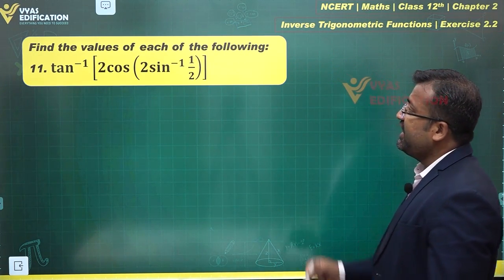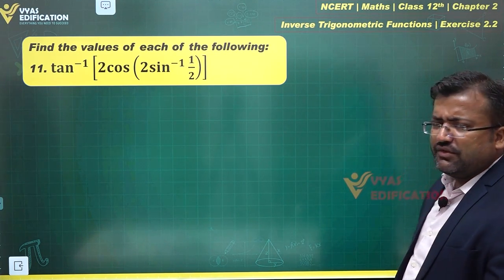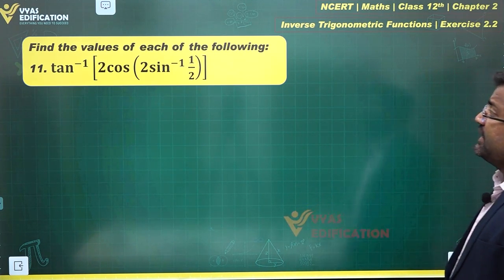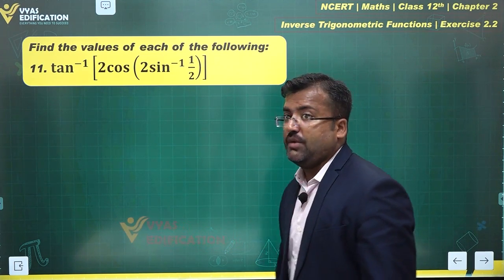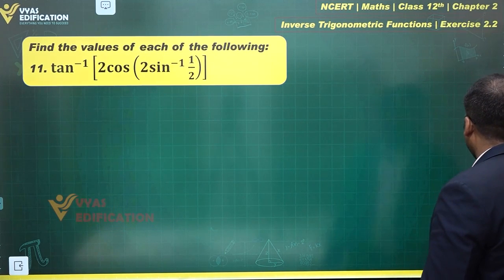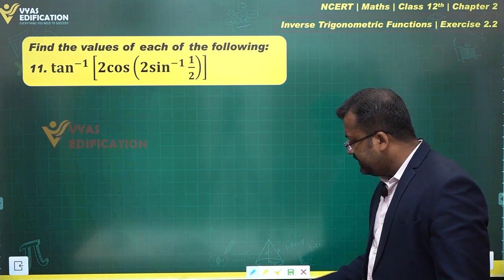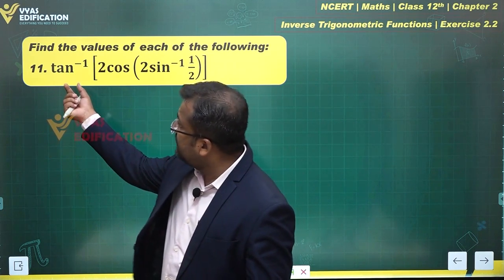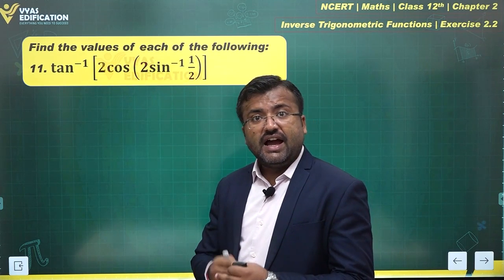What does the question say? Find the values of each of the following. There will be a few parts of this question. Let's see. Tan inverse of 2 cos of 2 sin inverse 1 by 2. Looks pretty complicated, but don't read this question from the outside. Read this question from the inside, and go stepwise.